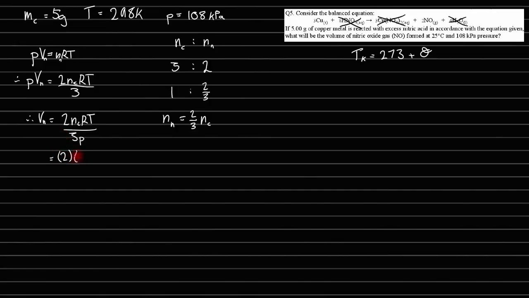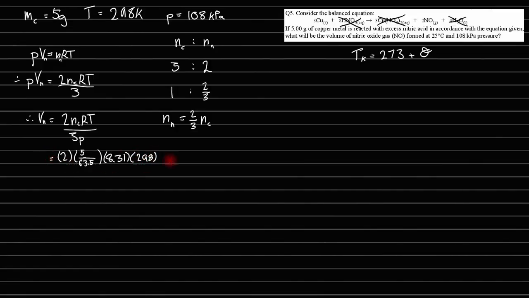We'd have 2 times the number of moles of copper. We know that number of moles is mass over molar mass. That'd be 5 over the molar mass of copper, which is 63.5. And that'd be times the universal gas constant, 8.31, times the absolute temperature, 298.